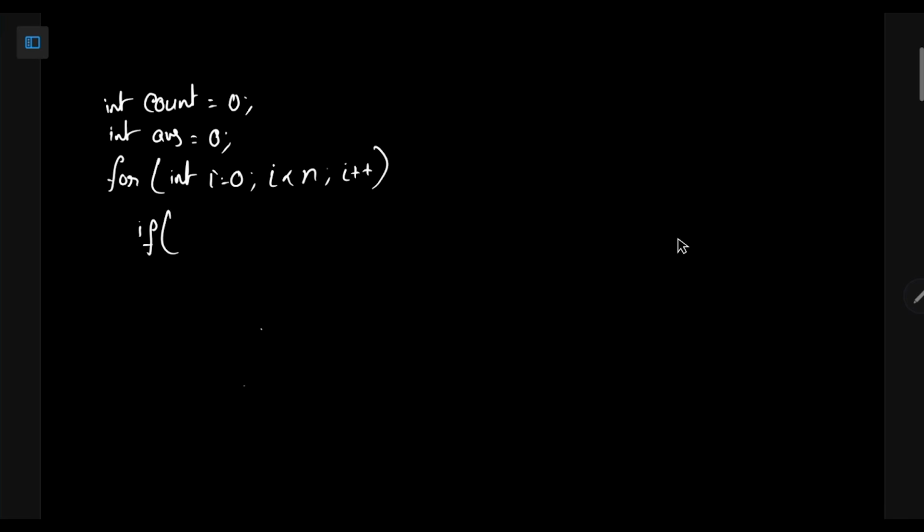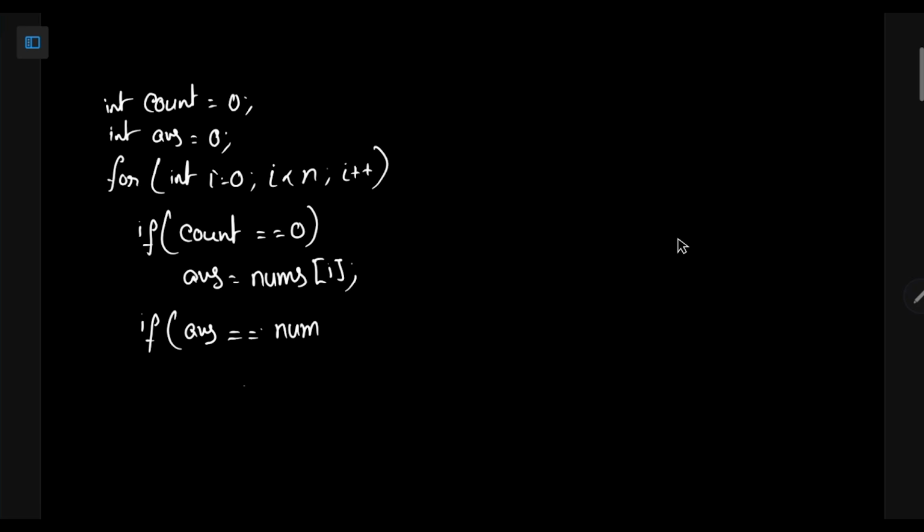First we will check if count is equal to 0, then in answer insert the nums of I. And again we will check if answer is equal to nums of I, then count plus plus, else count minus minus.